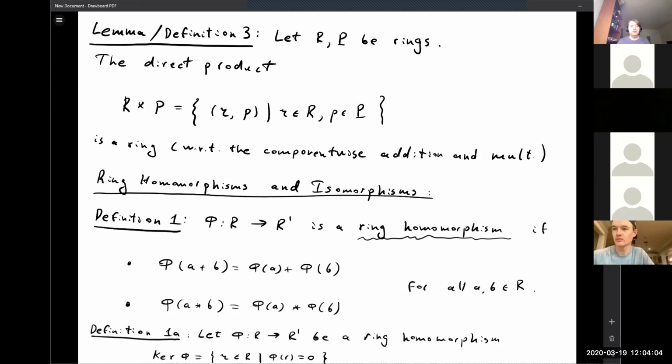So this is the collection of all elements which are sent to the additive identity.